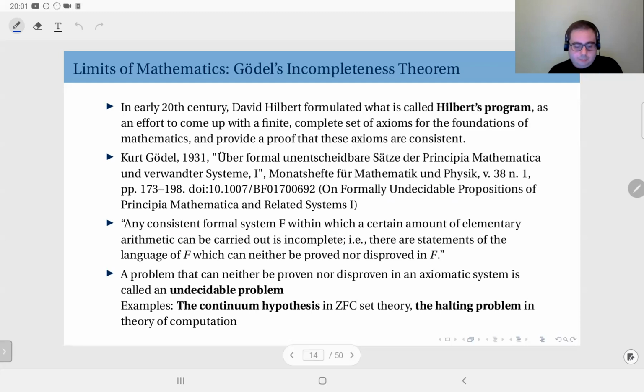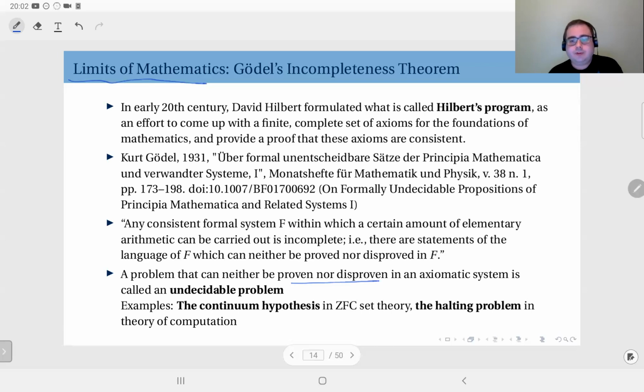Okay, so a problem that can neither be proven nor disproven in an axiomatic system is called an undecidable problem. And this was a huge revelation, and it sort of gave us the limits of mathematics, so to speak.